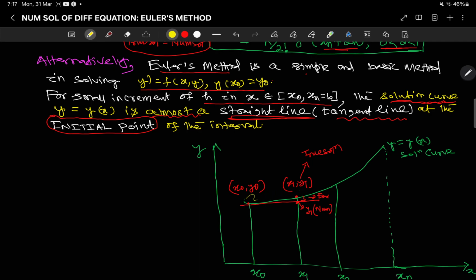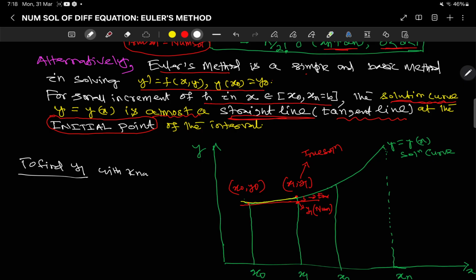So this was the solution curve in this interval, and it is approximated by this tangent line, is it not? So here I can approximate y1, just to find y1 with known y0.